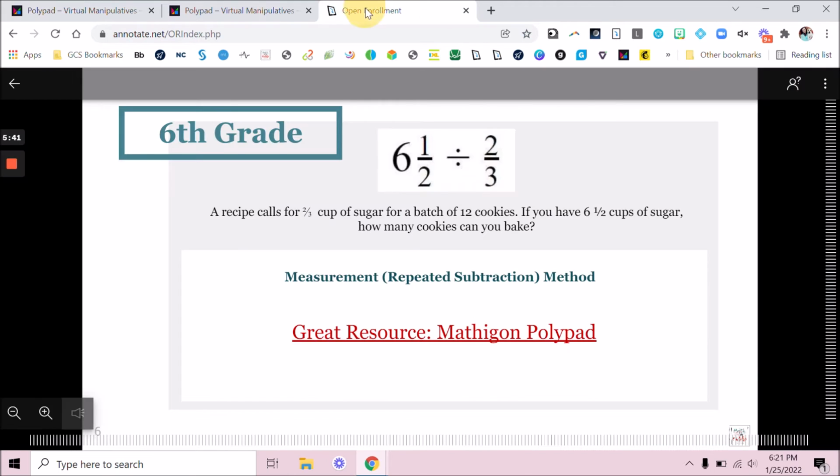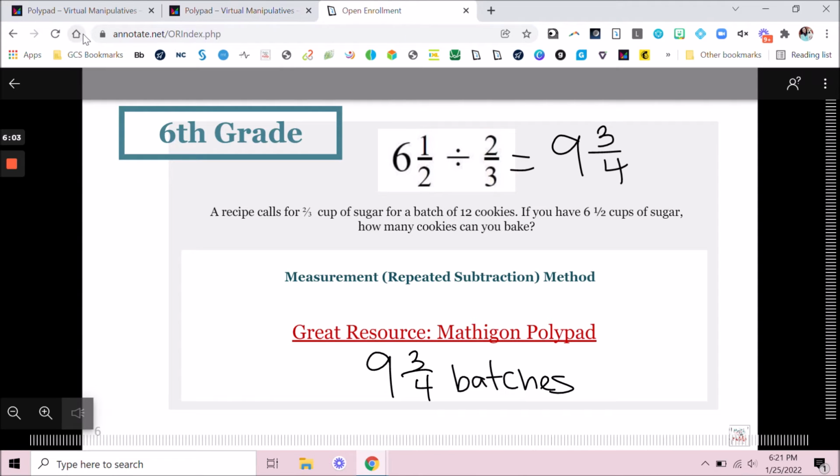So what we learned from this is that 6½ divided by 2/3 is 9 3/4. Now, it's important to remember that that is 9 3/4 batches. The question here is asking how many cookies we could make, which we could multiply by 12 and figure that out. But this is what's important, that we could see that we have 9 3/4 there.